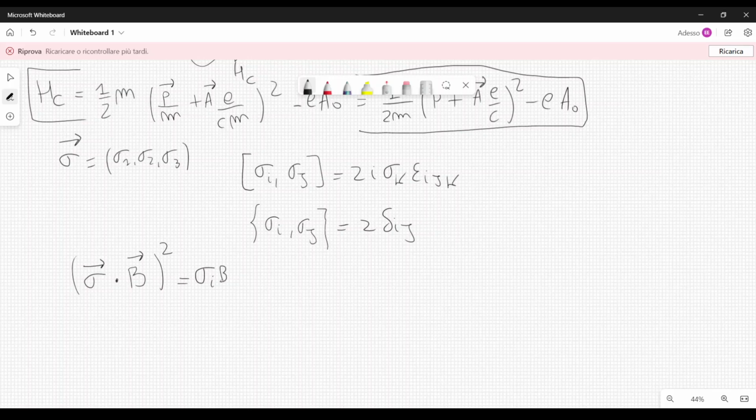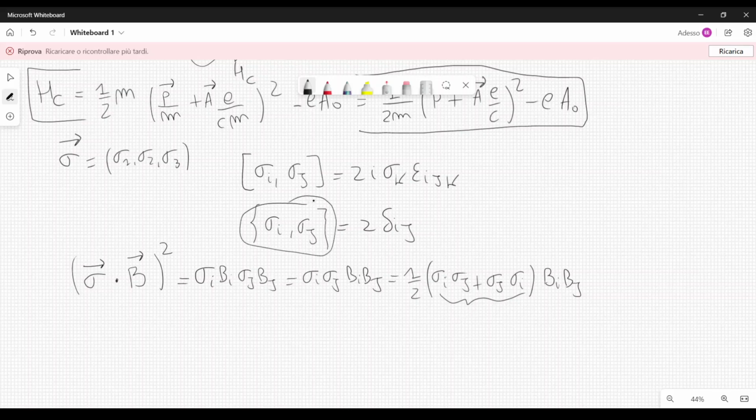I have sigma i Bi times sigma j Bj, and this is also equal to sigma i sigma j Bi Bj, and if we use symmetry, we can rewrite this as 1/2 of sigma i sigma j plus sigma j sigma i, times Bi Bj. But this is an anti-commutator in particular, and it's exactly this expression here.